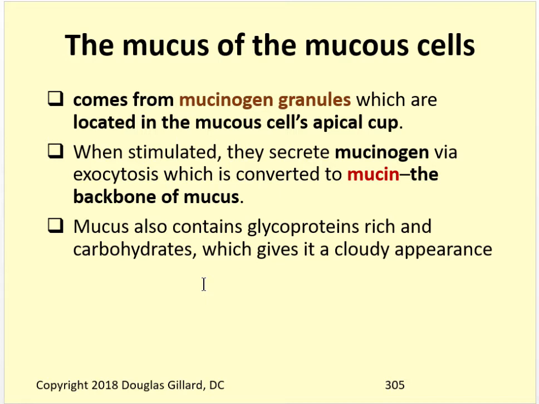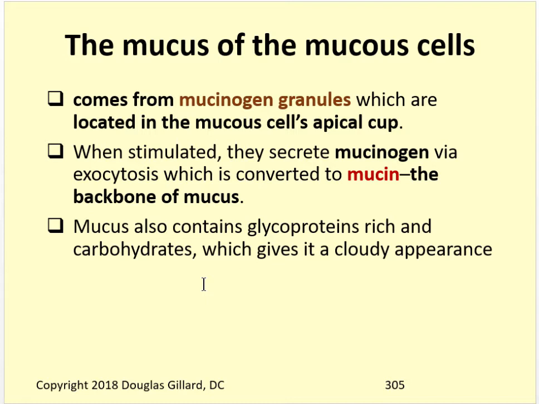Now let's talk about the mucus. It comes from little granules inside the mucosal cells called mucinogen granules. They're located at the top, or apical portion, of the cell. When the cell is stimulated, it secretes mucinogen via exocytosis, which is converted, and we won't get into that mechanism, to mucin, which is the sticky, tough stuff of mucus.